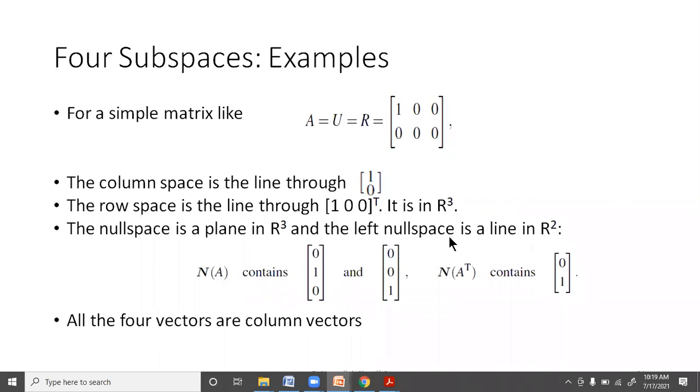So for the left null space, you take the null space of the transpose, and naturally the left null space corresponding to that will be within R squared, because the rows and columns have got interchanged. Then we can try to find the null space also.